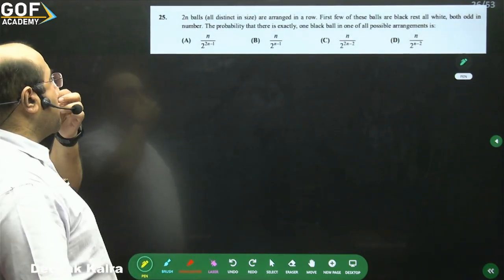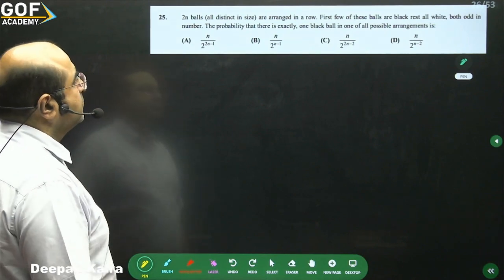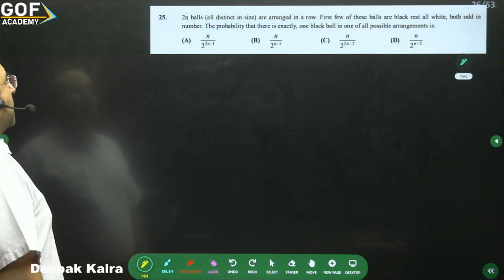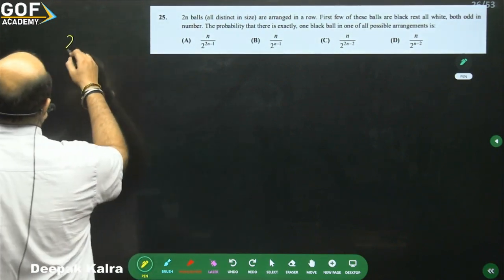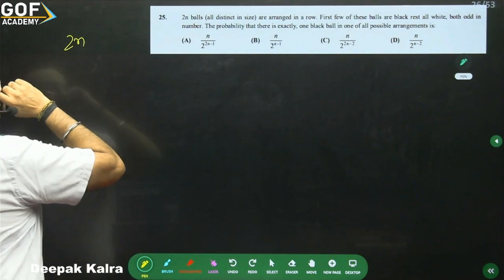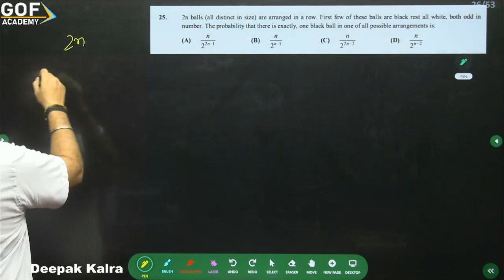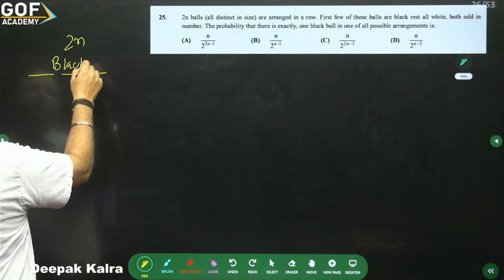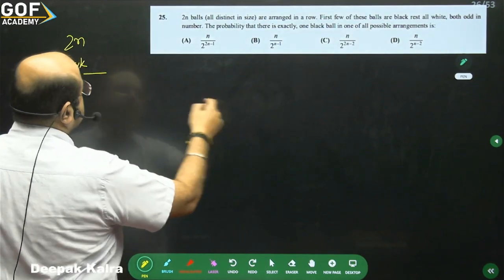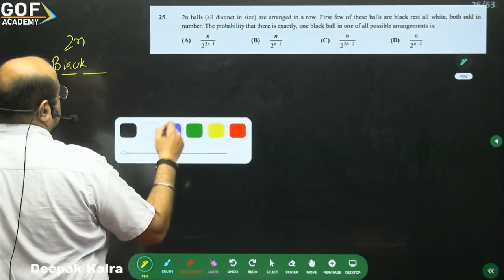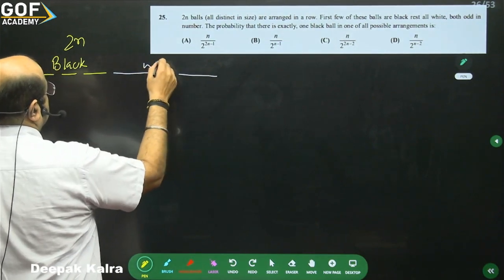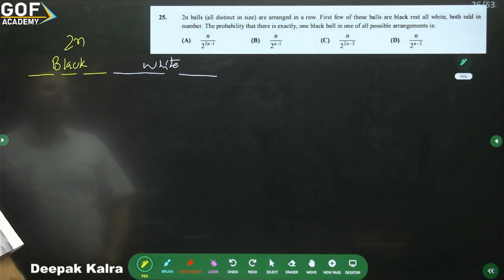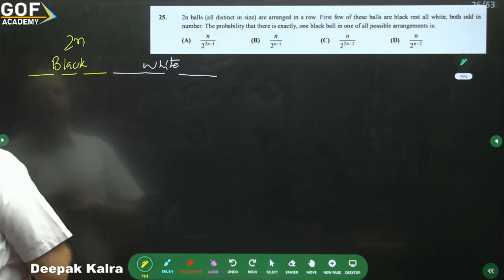Okay. There are 2n balls in a row. First few balls are black and the rest are white. Both odd in number.